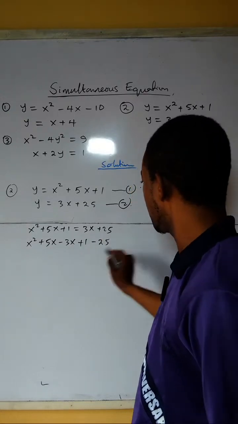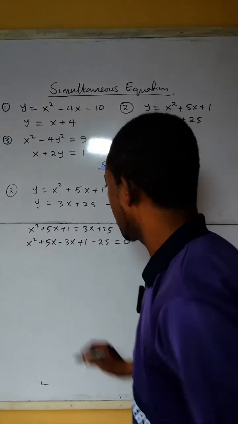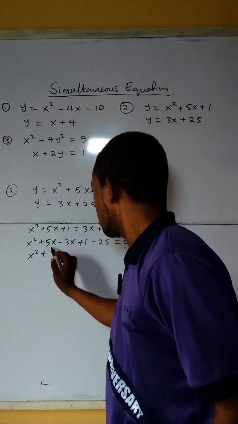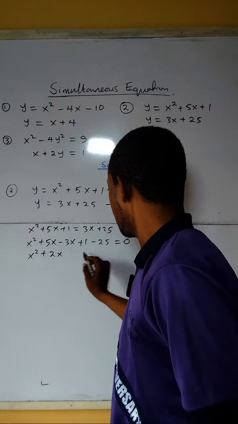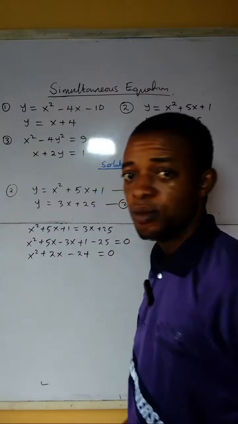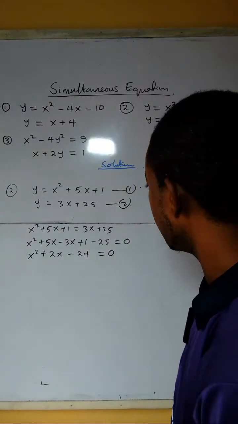When 25 comes here, it becomes minus, now equals 0. Then we have x squared plus 5x minus 3x, that's 2x. Then 1 minus 25 is minus 24, then equals 0. Also, we have a quadratic equation here.